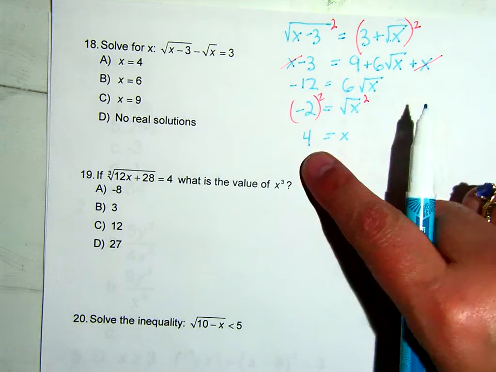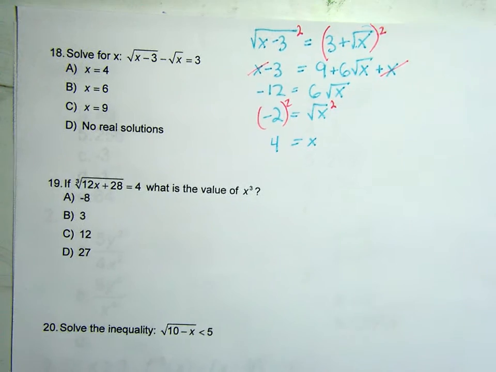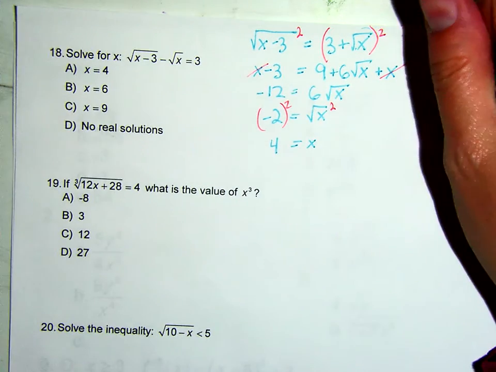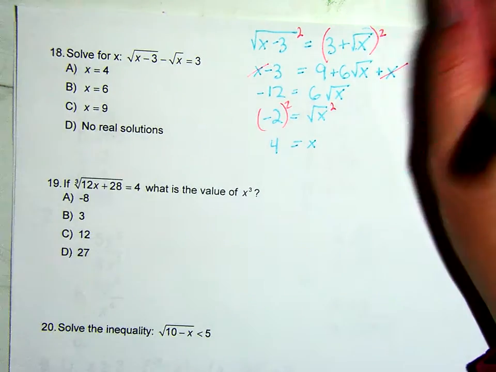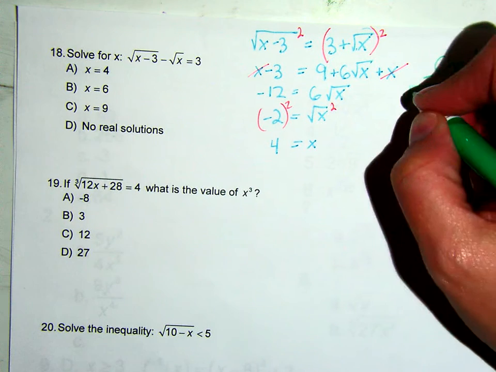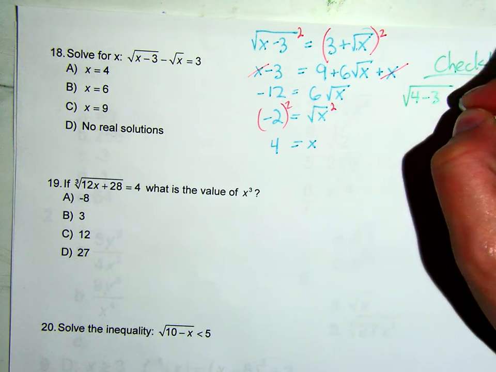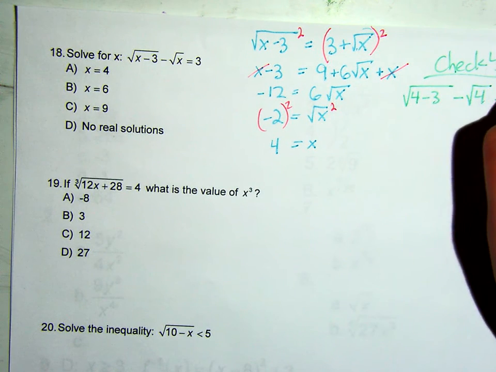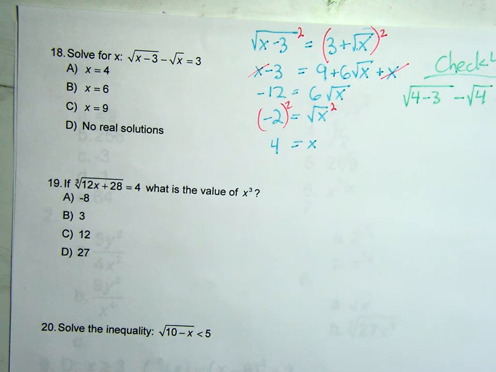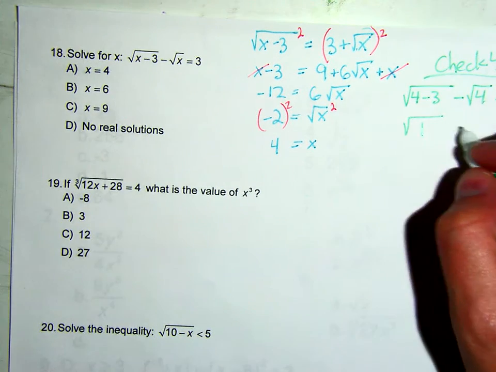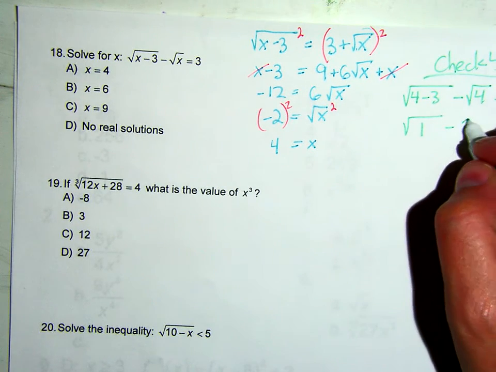Now, I have to check the solution. So we are going to check 4 in our original equation. So the square root of 4 minus 3 minus the square root of 4, does that equal 3? 4 minus 3 is 1. The square root of 4 is 2.